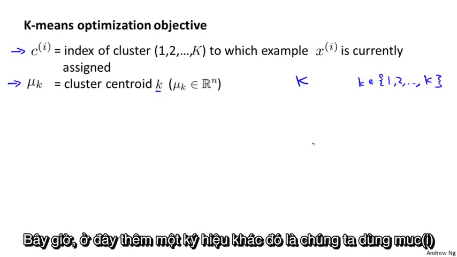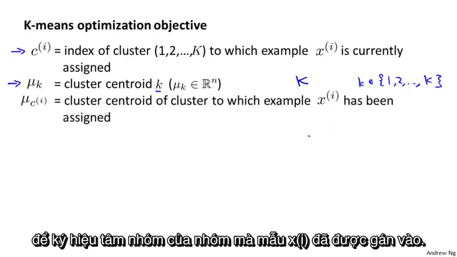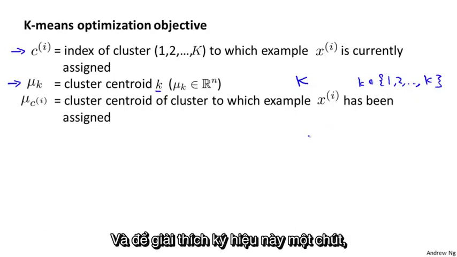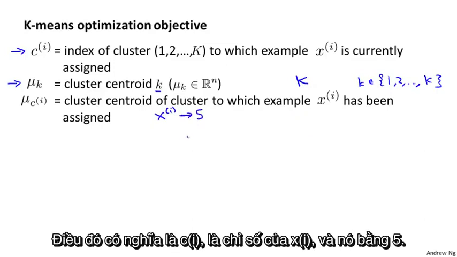Now here's one more bit of notation, which is going to use mu subscript c i to denote the cluster centroid of the cluster to which example x i has been assigned, right? And here's to explain that notation a little bit more. Let's say that x i has been assigned to cluster number 5. What that means is that c i, that is the index of x i, is equal to 5, right?